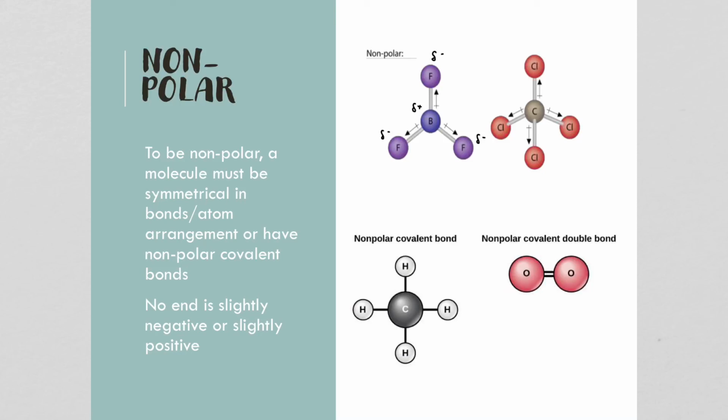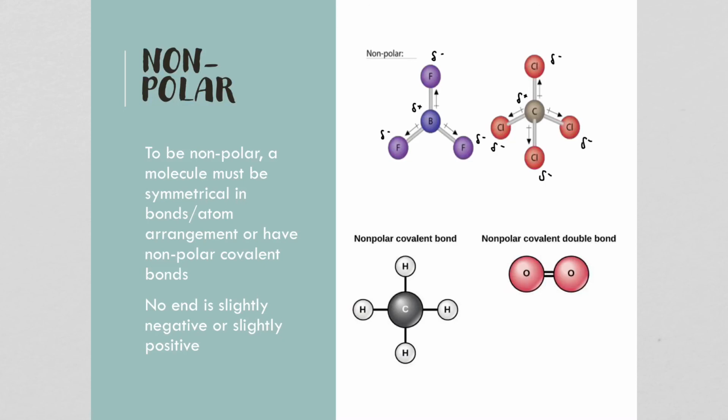This one here, carbon tetrachloride, all these chlorines are pulling their electrons in their bonds towards themselves. And then the carbon is all by itself in the middle. It's symmetrical. You could fold on itself. It also has negative dipoles all the way around, so there is no one end that's more positive than the other.